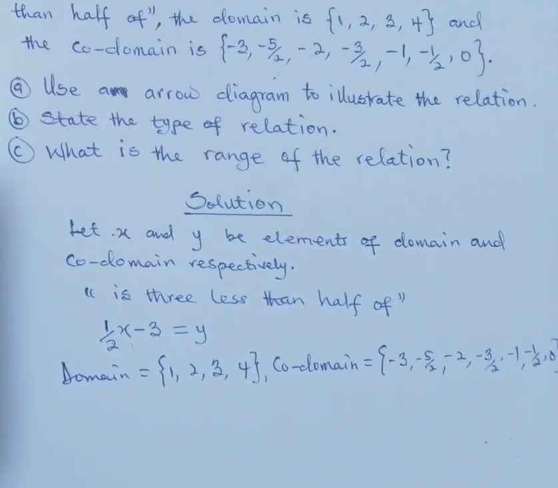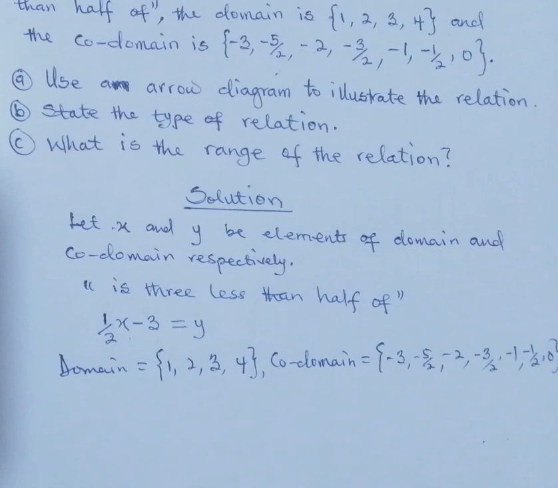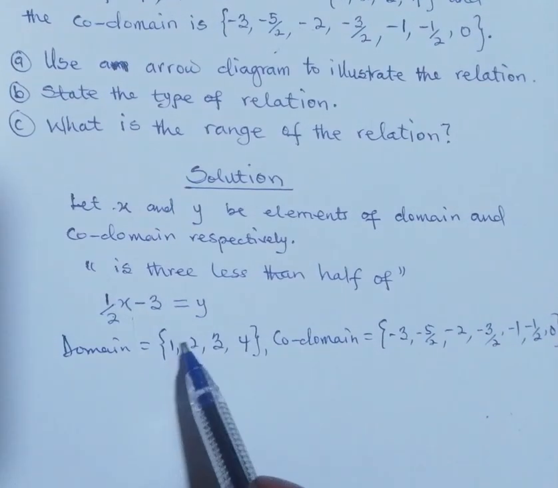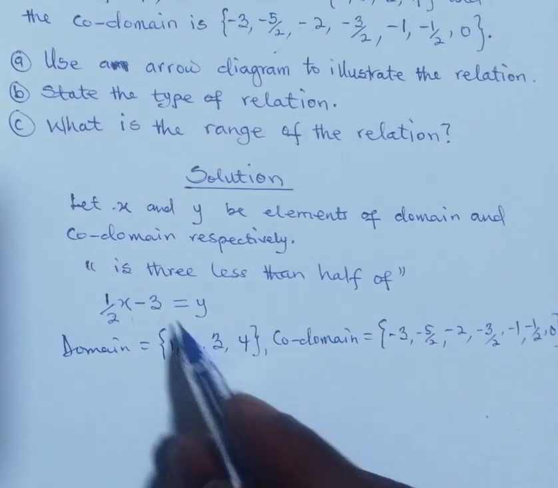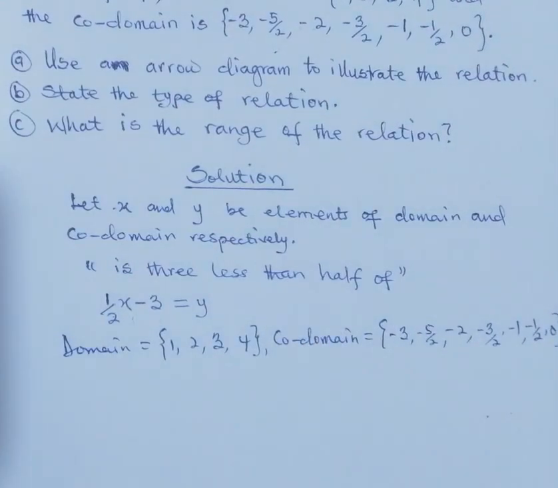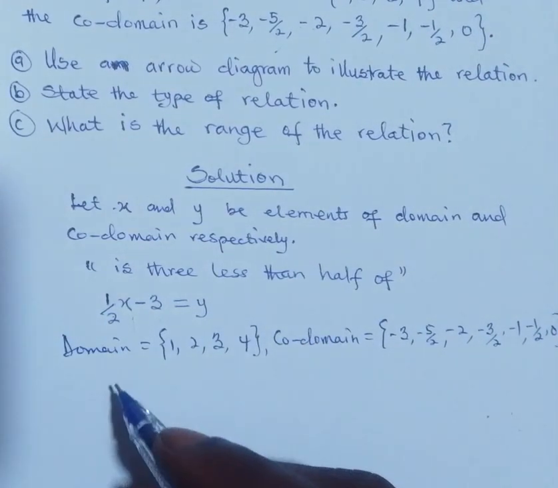So these are the codomain and the domain. Good. Once we have this, we can use it to get the actual values.